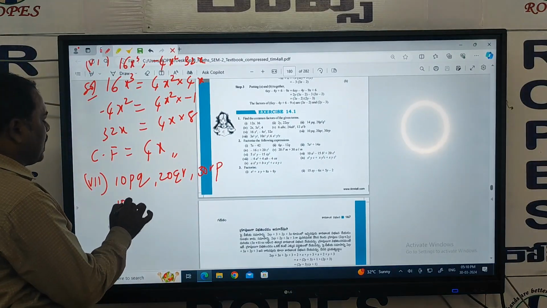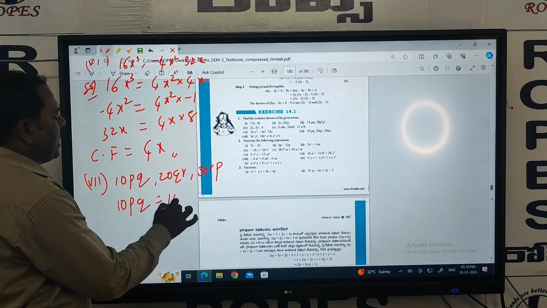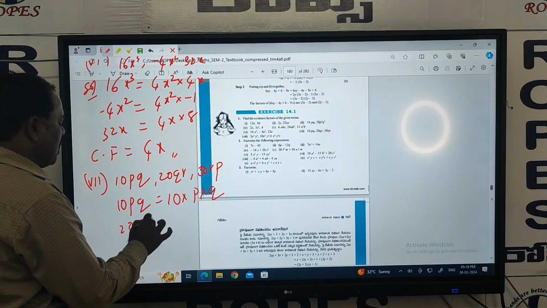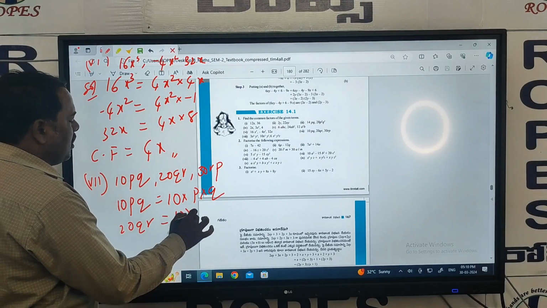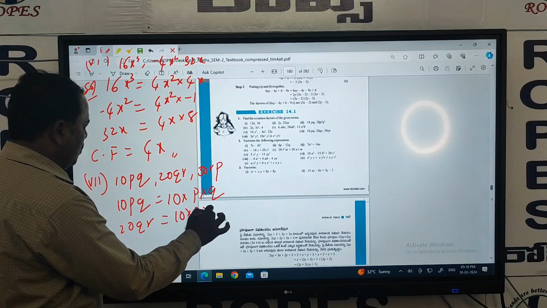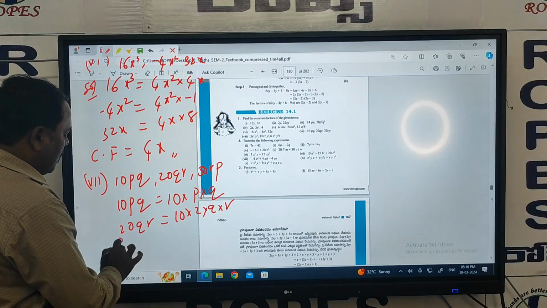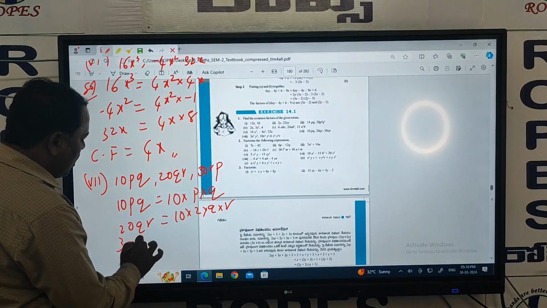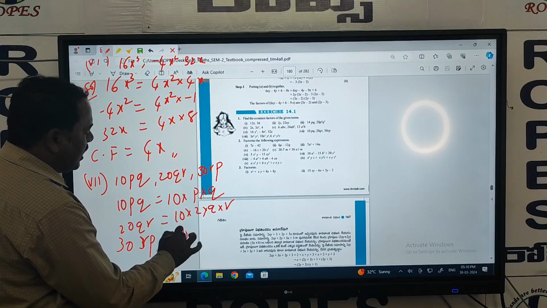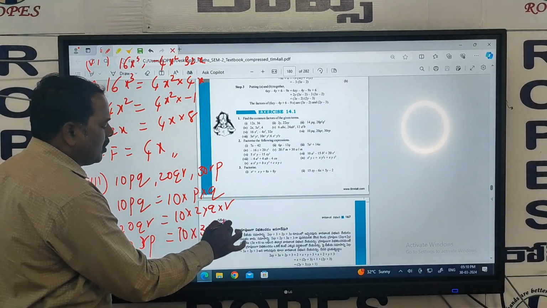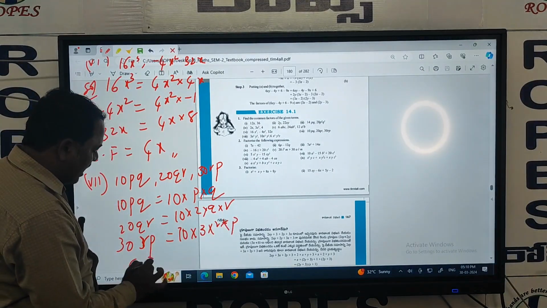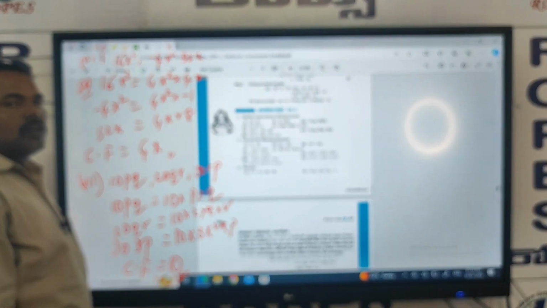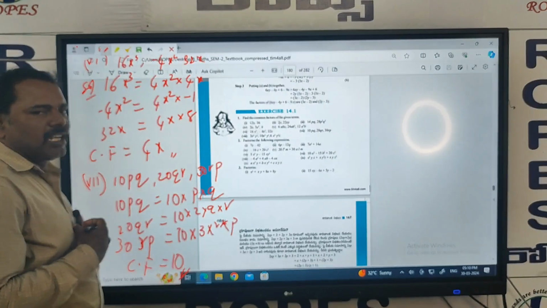Here 10pq we can write as 10 into p into q, then 20qr we can write as 10 into 2 into q into r, and 30rp we can write as 10 into 3 into r into p. So here the common factor is 10. Like this we can write. Okay, so this is the way to find the common factor.